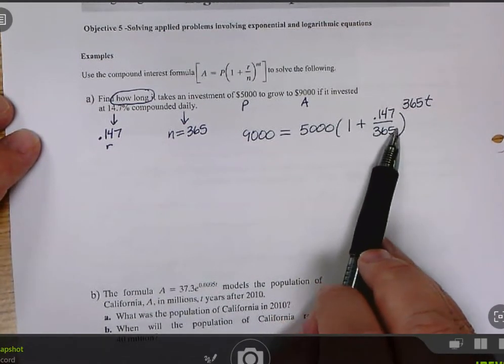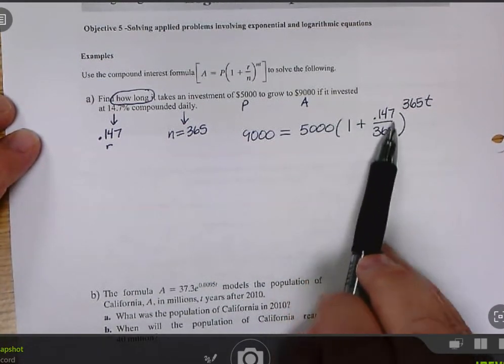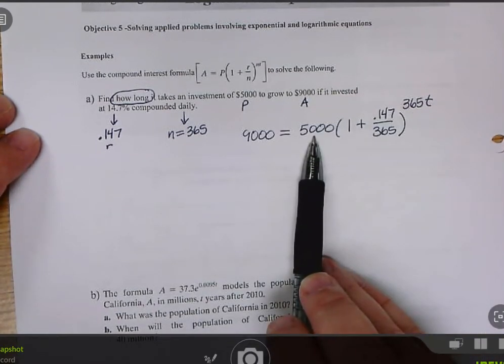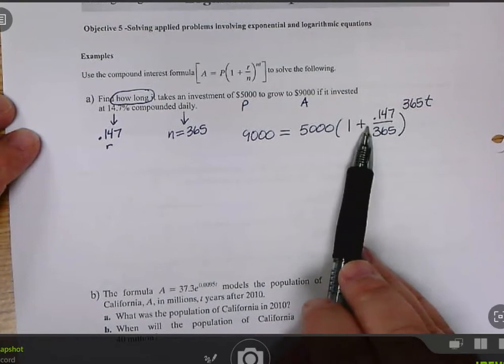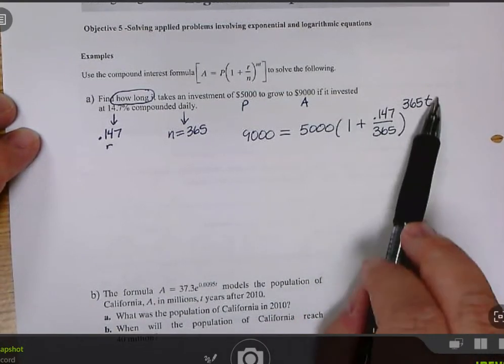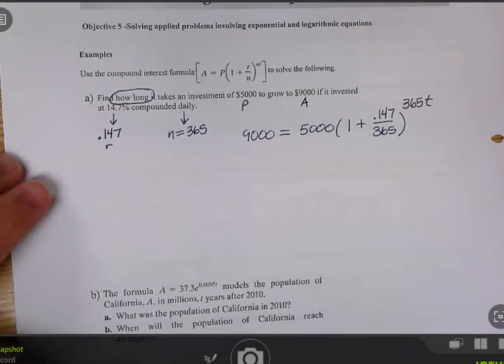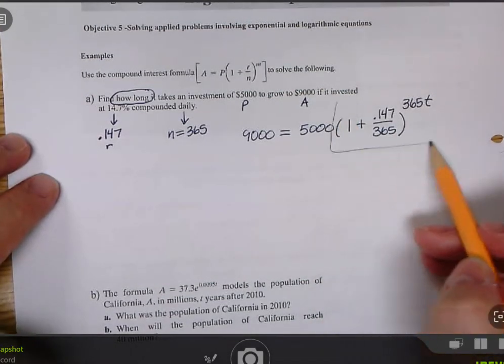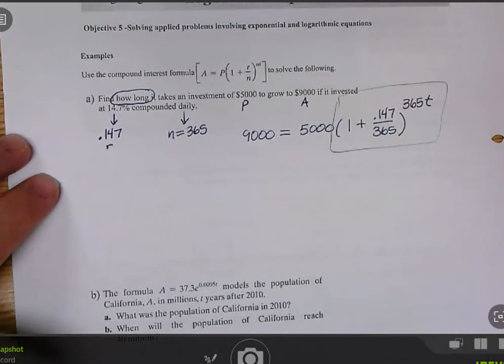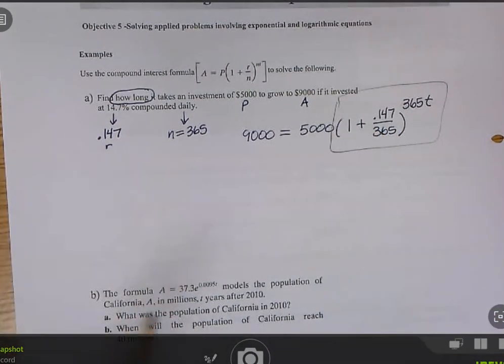Be careful that you remember that this number is being raised to a power. This number is not. So we can't put these together. Exponents come before multiplication. So I have to deal with all of this as one unit. I cannot multiply the 5,000 times whatever I get here. But I do want to know what I get there. I would like to change that to a simpler expression.